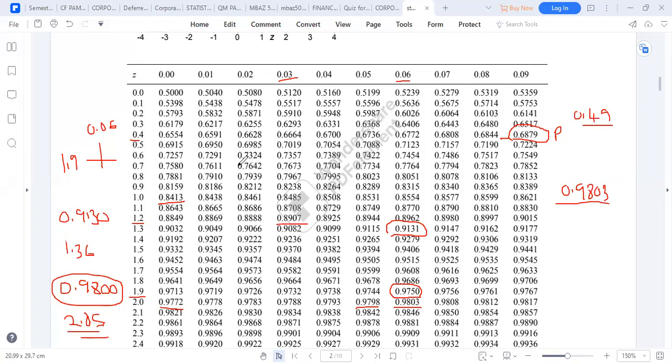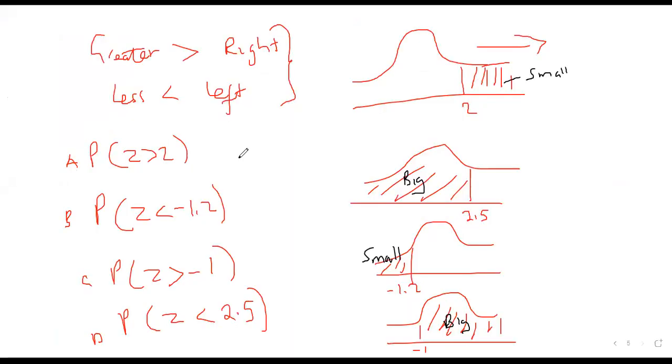Let's go back to our application. We're saying this is greater than 2. So we go to 2 and we shade to the right because the sign says greater. What determines where to shade is the sign. So we know that from here up to the end is 1. But from here up to here, if it's 90%, the remainder here is what? 1 minus 0.9.